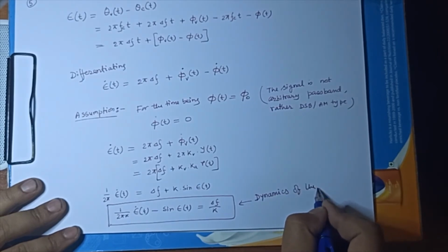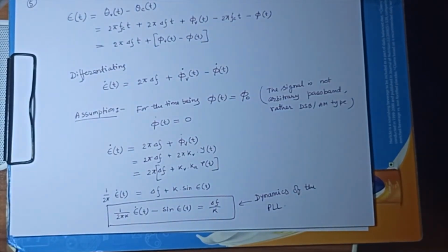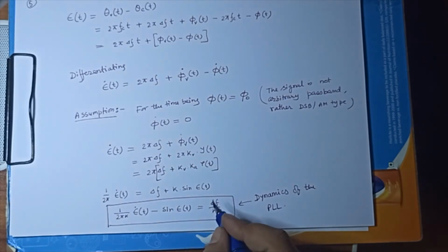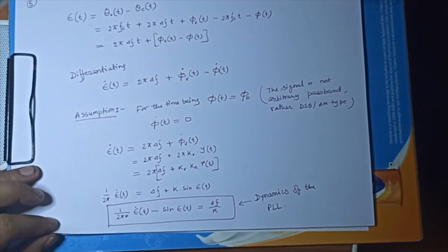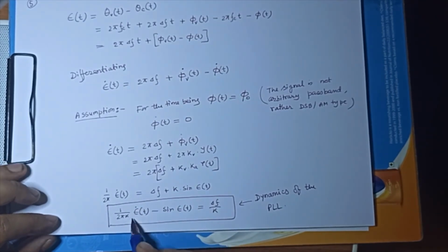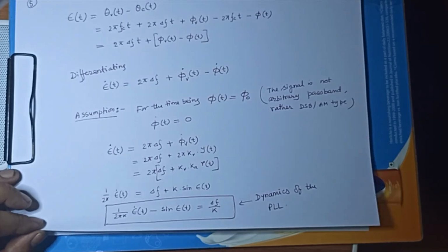Now I will discuss what will be the operating point if it attains some steady state. So I'm expecting that it will lock the frequency and the phase. So it will definitely attain some steady state. So at the steady state, what will happen? Epsilon t will become constant.